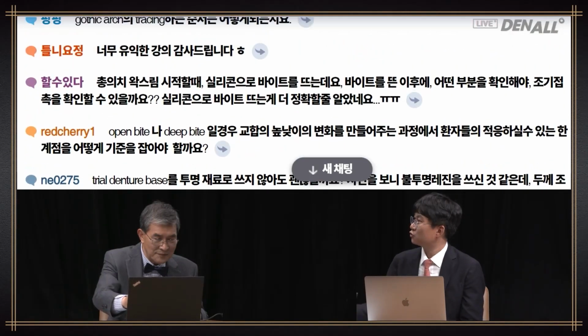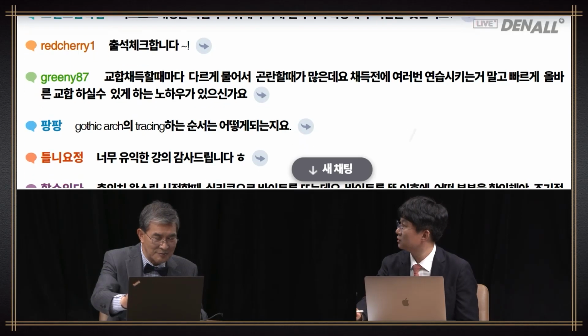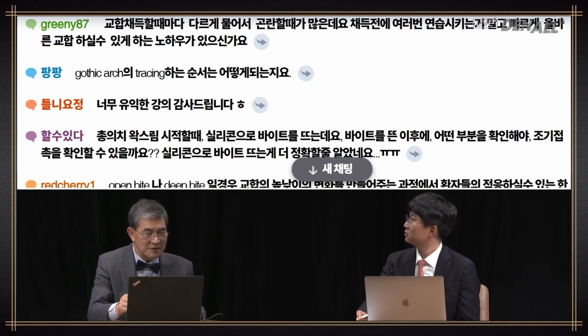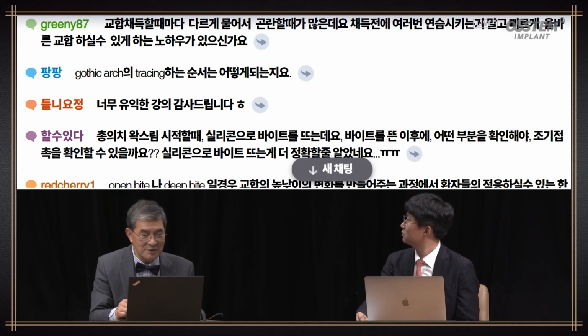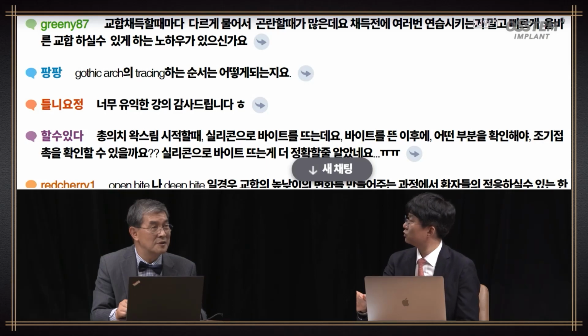Greeny87 asks: it is a problem when a patient is biting differently for each bite taking. How do you deal with the problem? Do you make the patient practice the biting before taking the bite? A shortcut: if you use a wax rim, as I showed you before, it should not be too thick.